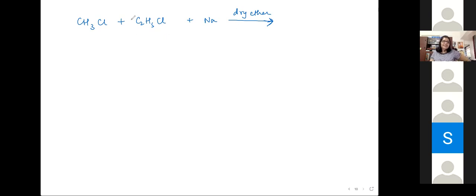Our reagents are organic compounds, right? So what organic product are we going to get? That's the main thing. You'd get one organic product where the methyl is doubled and a second one where the ethyl is doubled, and then the NaCl.